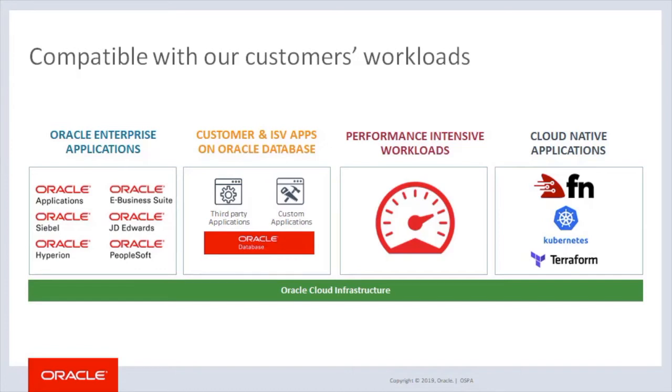We built and open sourced our Fn project for serverless architectures, which can be downloaded and run anywhere, also available as a highly flexible and reliable cloud service. For management, we are heavily supporting Terraform from HashiCorp, a widely used infrastructure automation framework that can be used to program infrastructure deployments in our cloud, as well as on-premises and in other clouds.